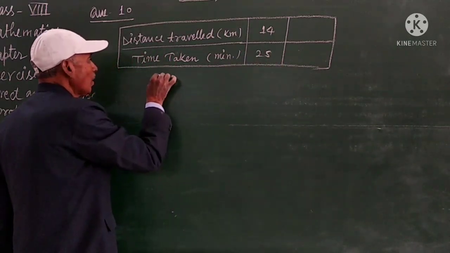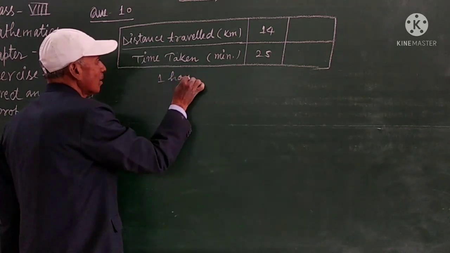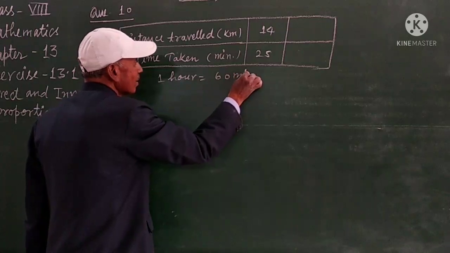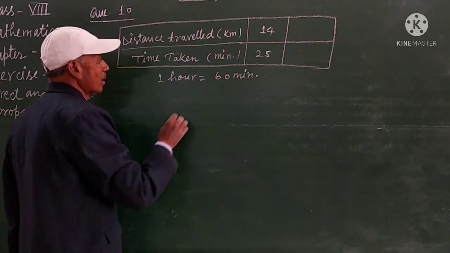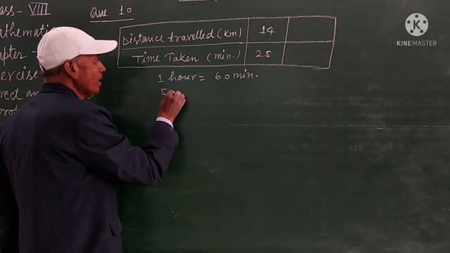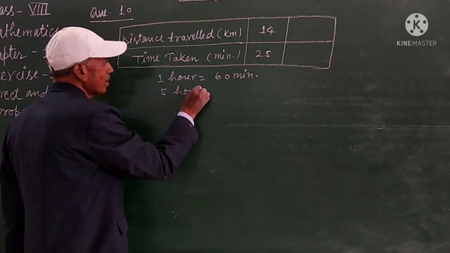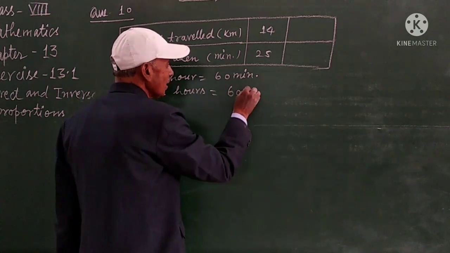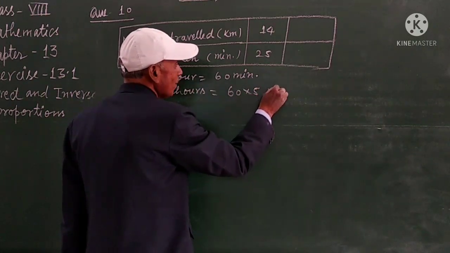Clear? So 1 hour is equal to 60 minutes, and then 5 hours is equal to 60 into 5 minutes.